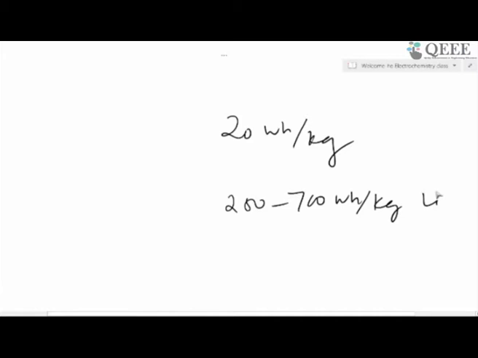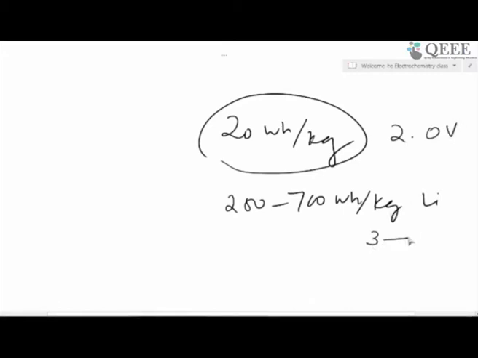So per kg of battery, the amount of charge you get is very limited in a lead acid battery because of the heaviness of the lead. Secondly, a lead acid battery can give you about 2.0 volt per cell, whereas a lithium battery can vary anywhere from 3 to 6 volt. Okay, so very high voltage.